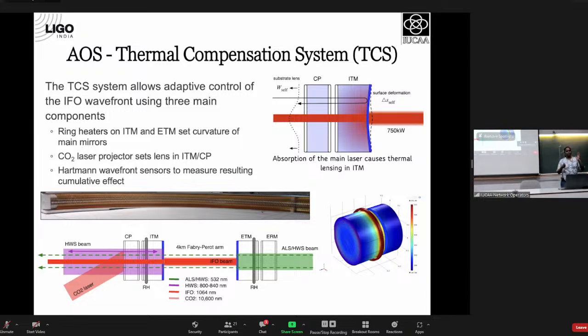So you want some mechanism to compensate for changes in the radius of curvature of these mirrors, so that you get enough buildup. So we have a CO2 laser that's projected and generates enough heat to actually warp the mirror, so that we get back the resonance, because as you change the radius of curvature, the cavity becomes resonant for other higher order modes rather than the perfect Gaussian. To bring it back, you heat the test mass so that you get the right curvature.